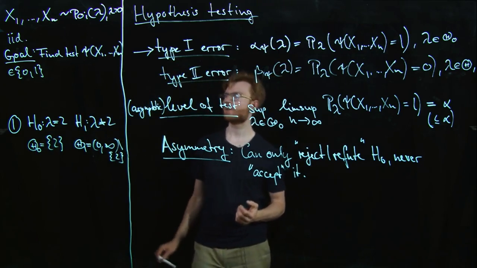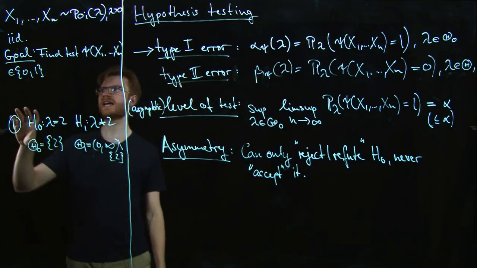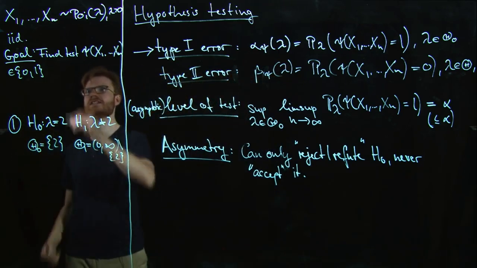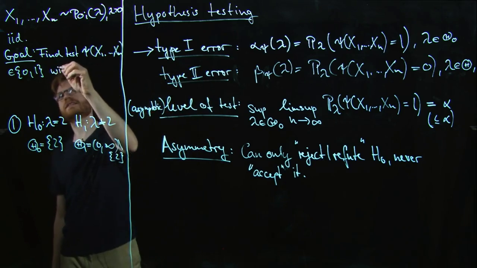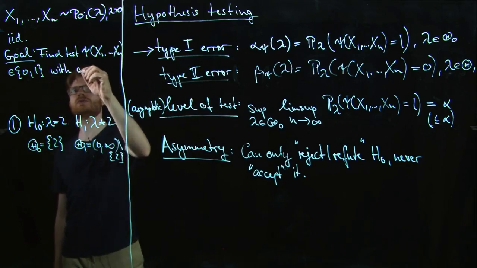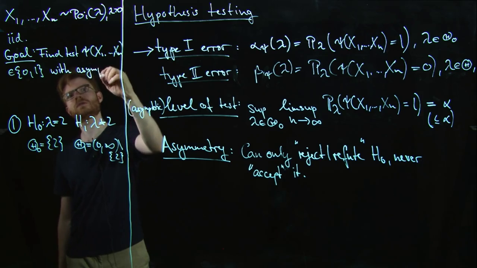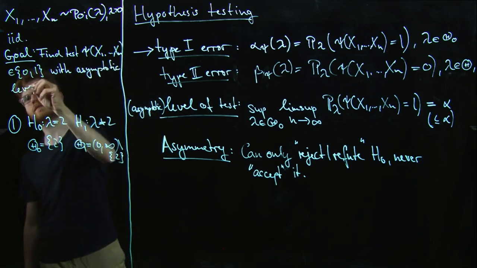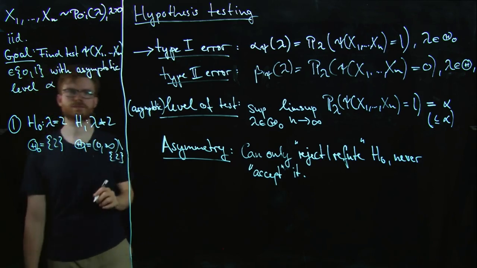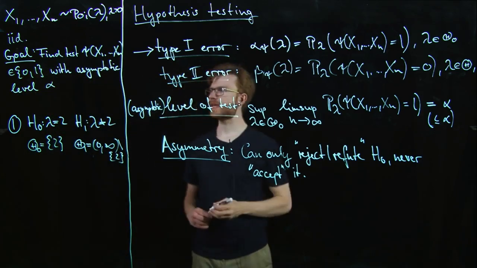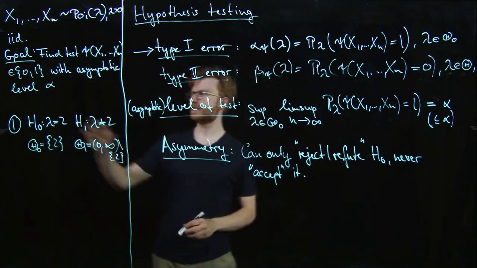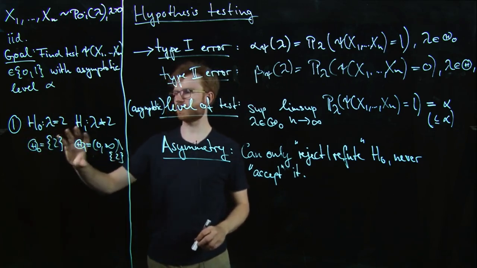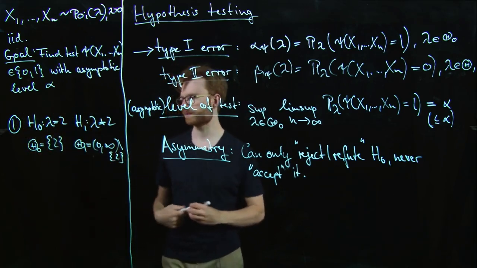OK, so next, I'm going to try and derive some asymptotic tests. So let's change our goal to actually ask for asymptotic level alpha, and let's try to produce a test for this kind of hypotheses.